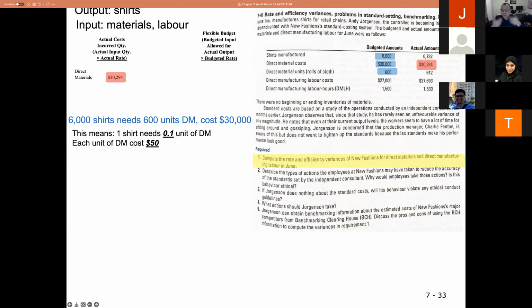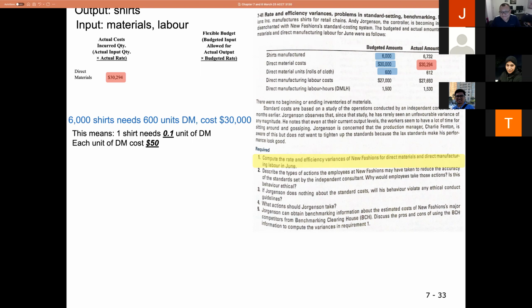What's the actual output? Can anyone tell me? 6,732. Very good, because when you talk about output, you're talking about shirts. So the actual amount of shirts is 6,732. Okay, so how many input according to the budget will be allowed to make the actual 6,732?